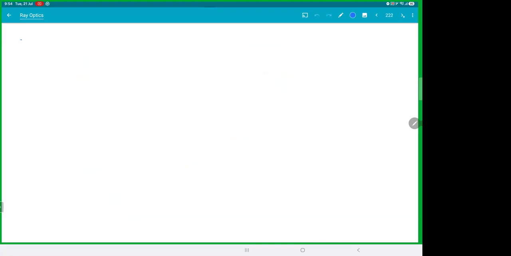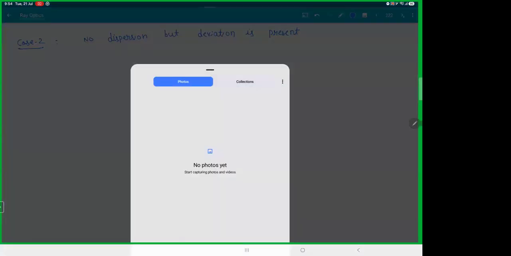Then case 2, no dispersion, but there is a deviation. Let me show you a picture. That is the best thing. I can't draw this.